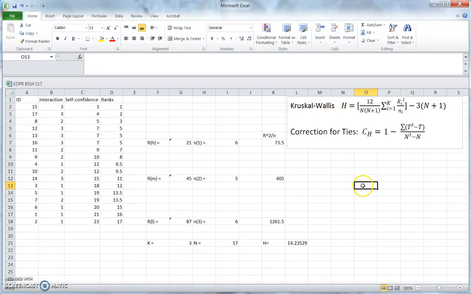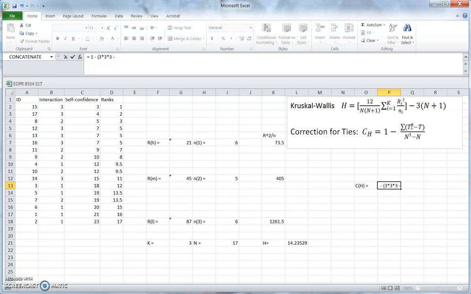So C for the correction for the H statistic equals, we start with 1 minus, in the numerator, we first know that we have one set of scores with 3 values. So t equals 3 in that case. To the power of 3, so we simply just, times itself times itself.